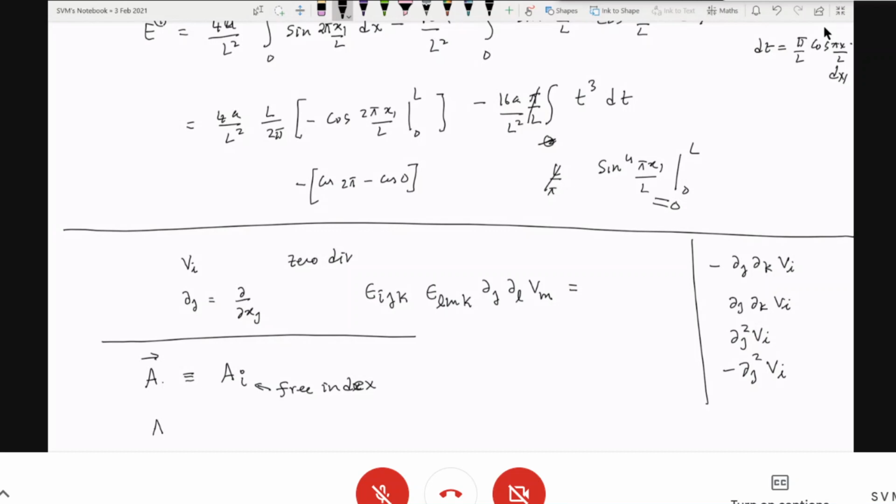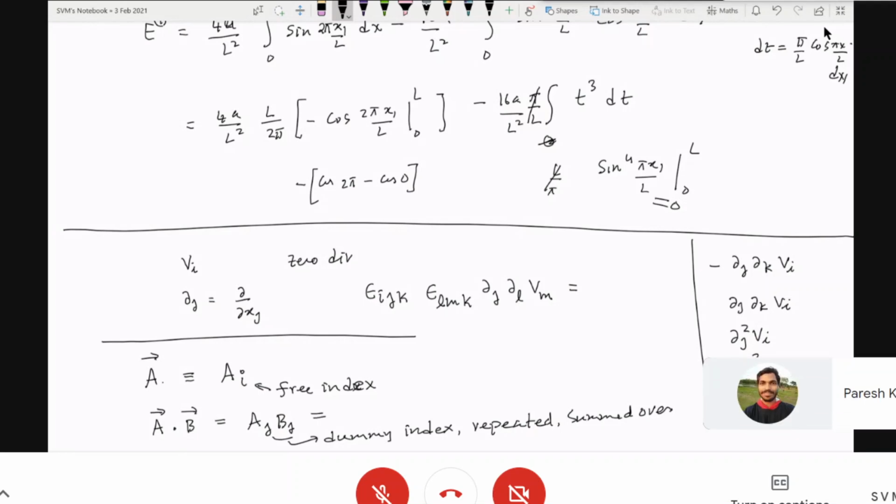Now you can define A dot B simply as Aj Bj. This index is called a dummy index because it is repeated. Because it is repeated, it is summed over.